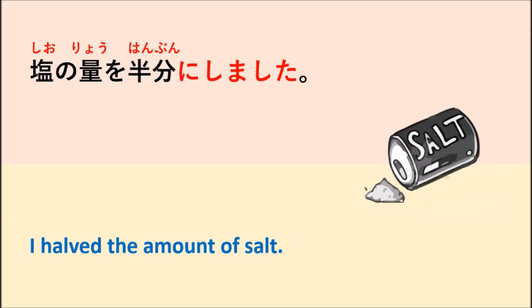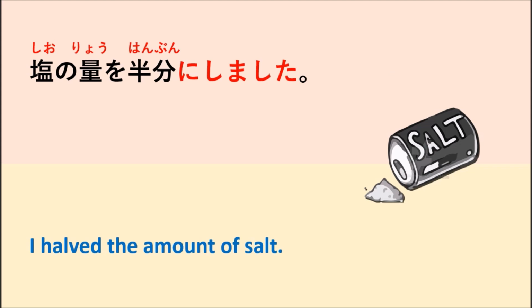In this example, they say, Shio no ryou o hanbun ni shimashita, which means I reduced the amount of salt by half. Let's see together. Shio means salt. No ryou, ryou means amount. So the amount of salt.